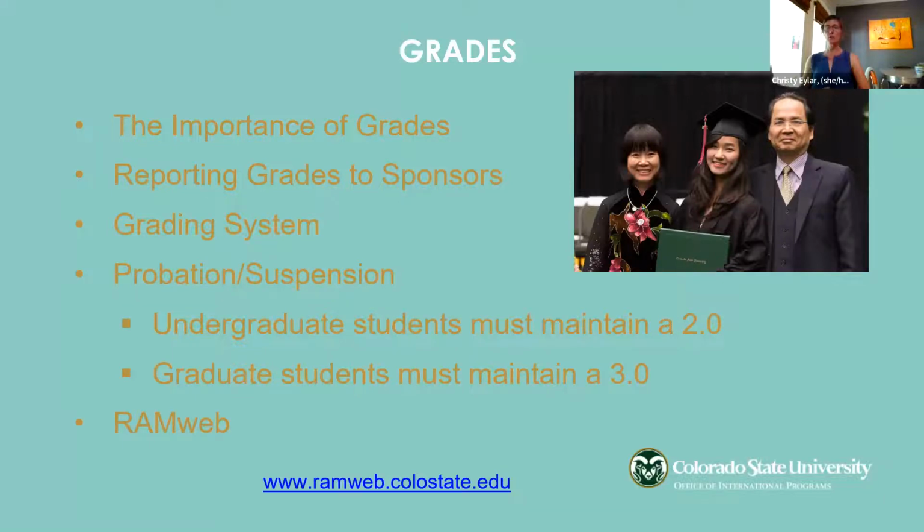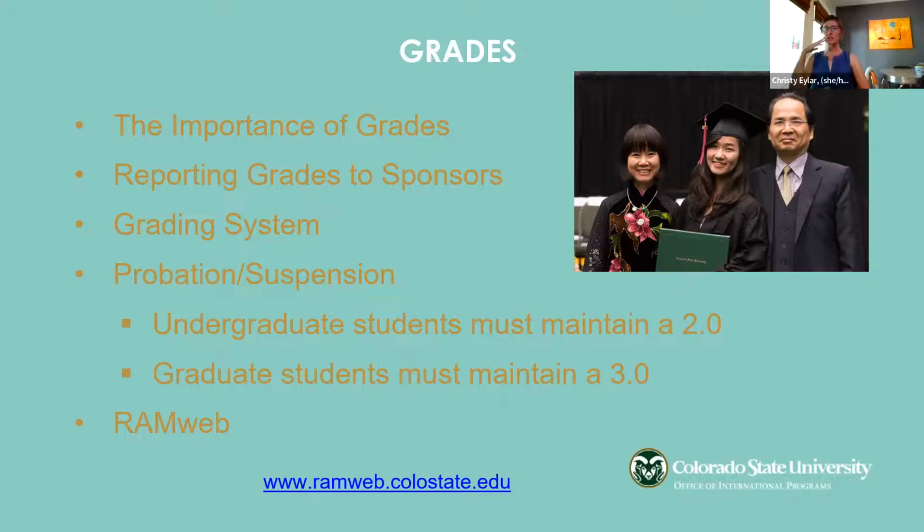If your grade point average drops below 2.0, you are going to be put on what's called academic probation. And from that point, you have 2 semesters to get your grade point average back up to a 2.0. If you are not able to do that, you would be academically dismissed from CSU.